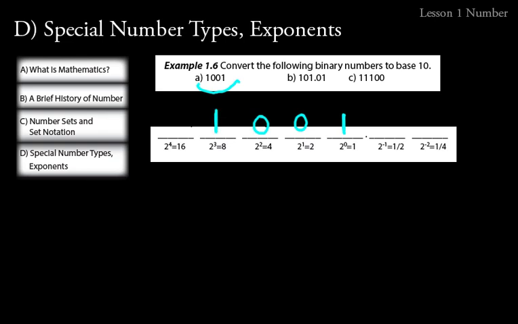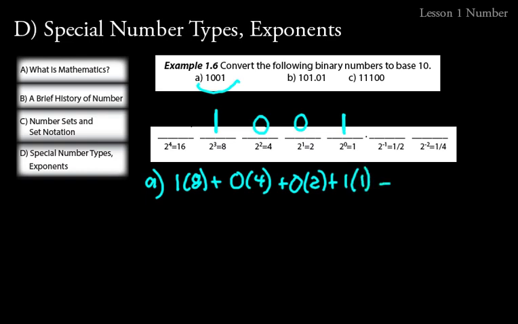And so then what we can do down here for A is say 1 times 2 cubed is 8, plus 0, because 2 squared is off, plus 0 times 2, plus 1, because this one's on. 2 to the 0 equals 1. So we have 8 plus 1 is 9.